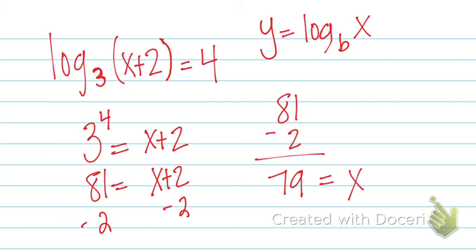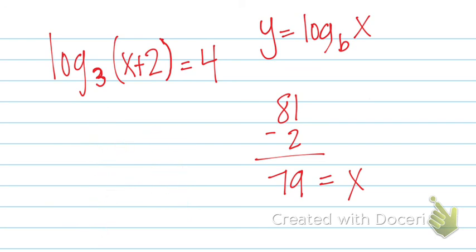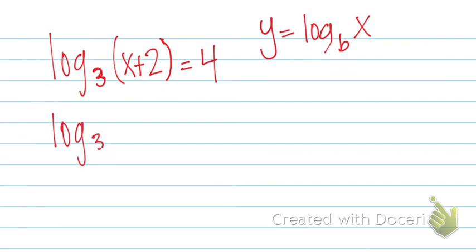Now, at the bottom, it says, is the solution you found a valid solution to the original equation? What does the word valid mean? Correct, or it's true. Okay? All right, so how do we figure out if something is true or not? Plug it back in. So x equaled 79, so we're going to plug 79 in for x. So log base 3 of 79 plus 2 equals 4.